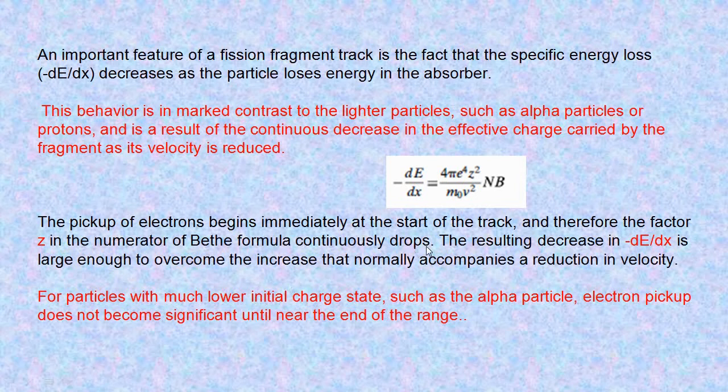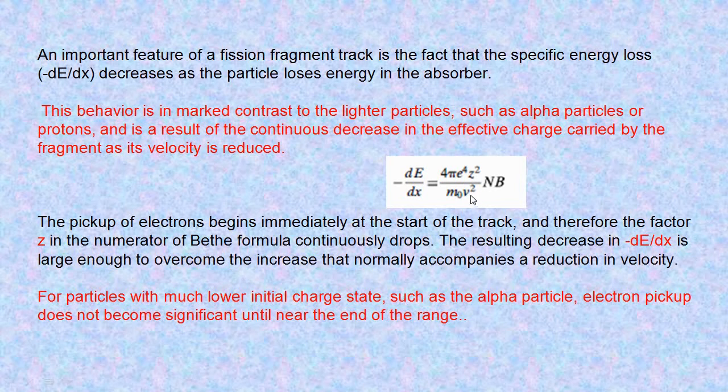We have mentioned that for normal particles, they are picking up charges only at the end of their range, that means just before they come to a stop. The resulting decrease in dE by dx is large enough to overcome the increase that normally accompanies a reduction in velocity.